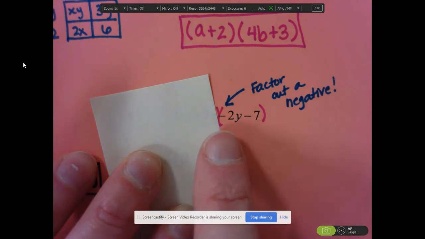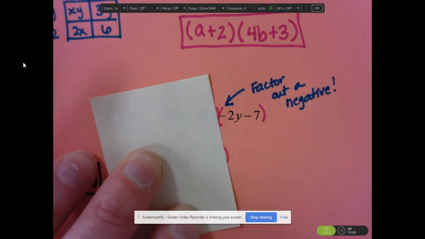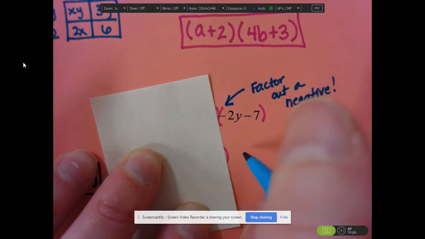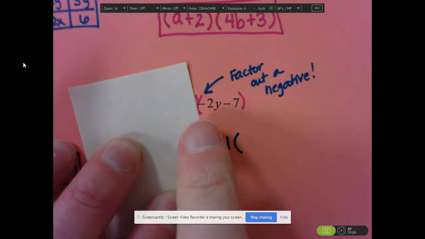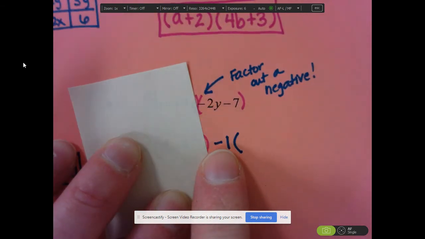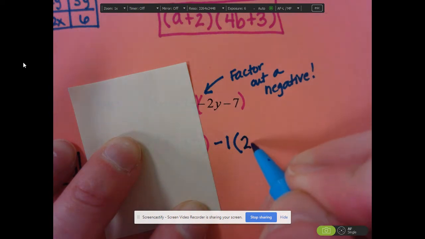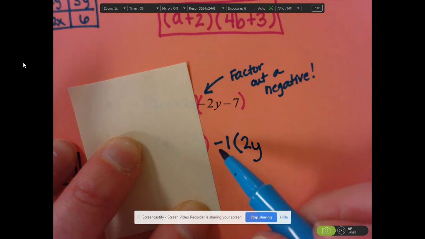What's common between 2 and 7? 1. That's it. The greatest common factor is 1. But because there's a negative sign here, we have to divide out a negative 1. What happens with negative 2y when we divide by negative 1? Positive 2y. Negative 7 divided by negative 1? Positive 7.